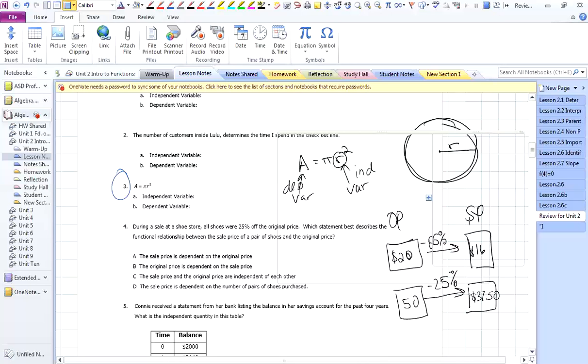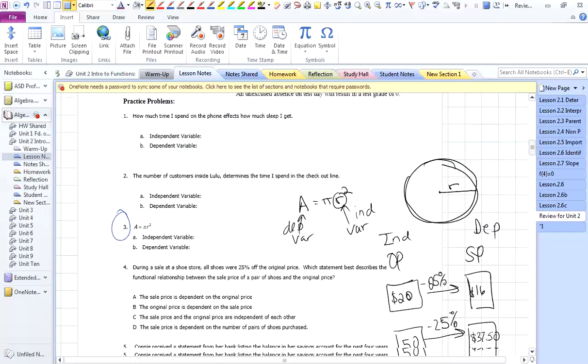Exactly. Do I know what the sale price is if I don't have an original price? No. So the sale price depends on the original price. Which is the independent and which is the dependent? The sale price is dependent and the original price is independent. Exactly. Well done.